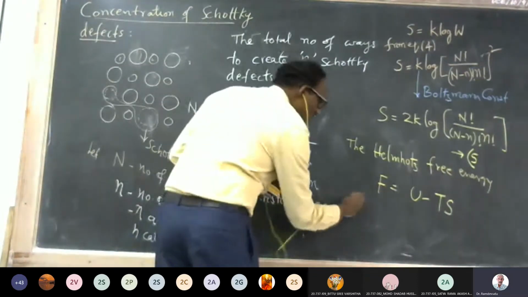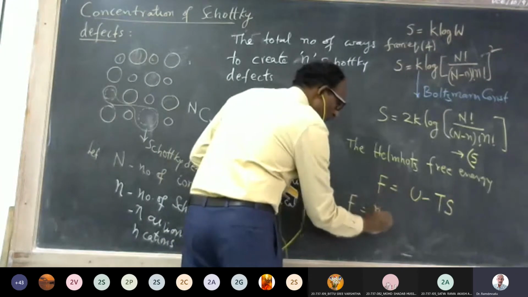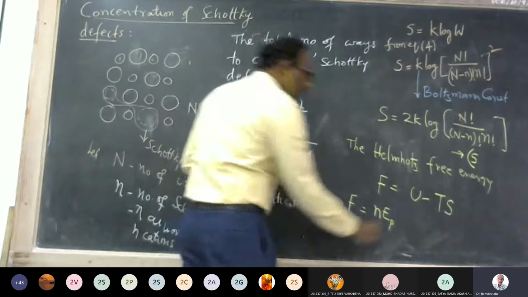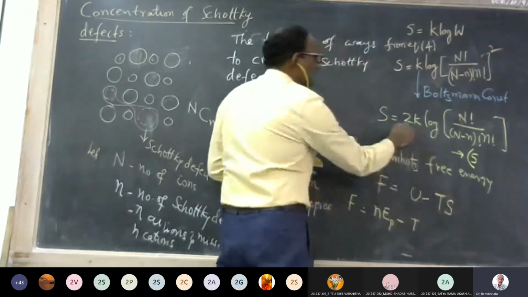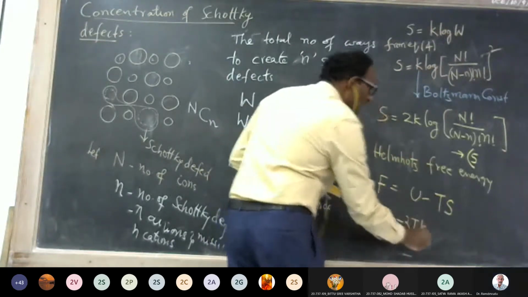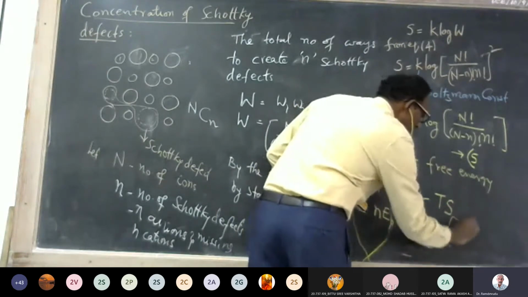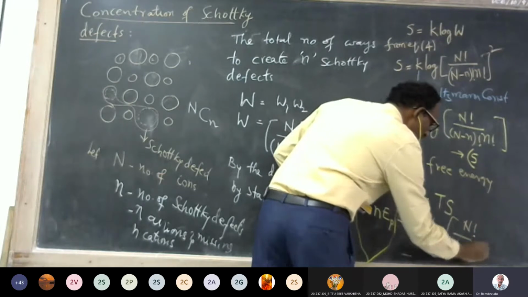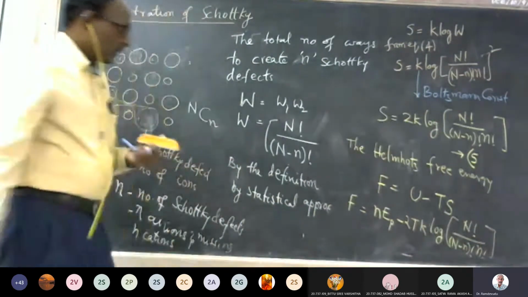Now I substitute the values of U and TS here. U is equal to n_i into E, the net increase in internal energy, minus T times S, where S is from equation 5, 2k log of n factorial by (n minus n_i) factorial into n_i factorial.